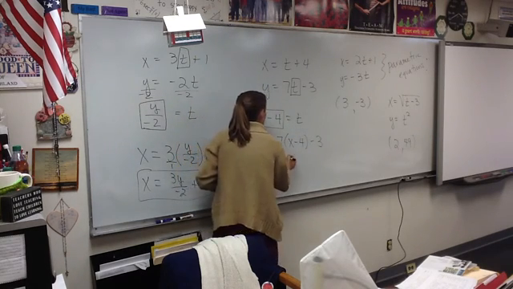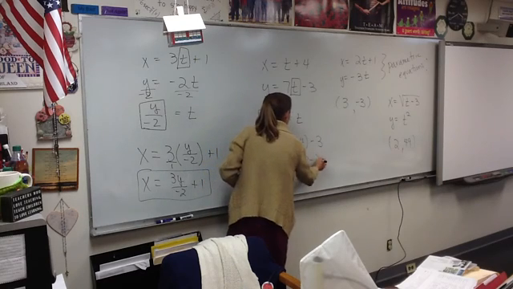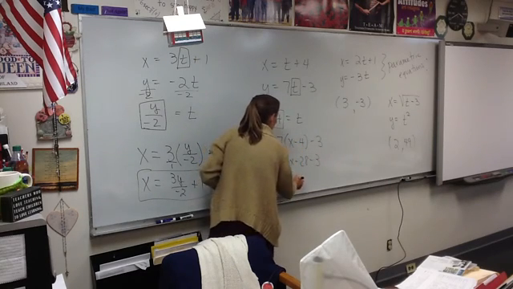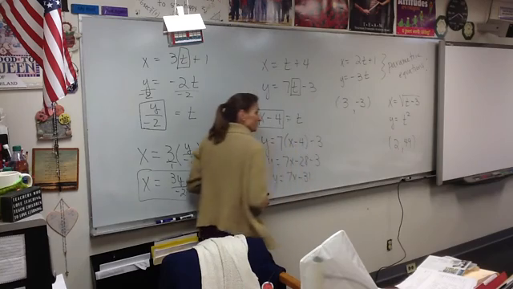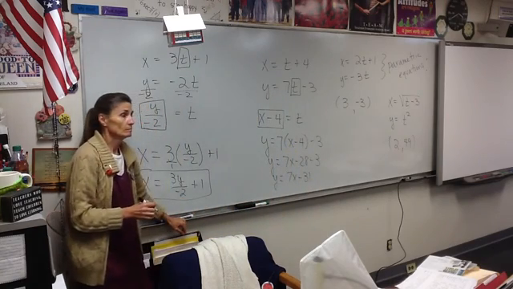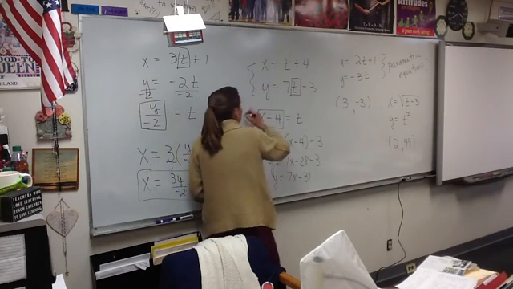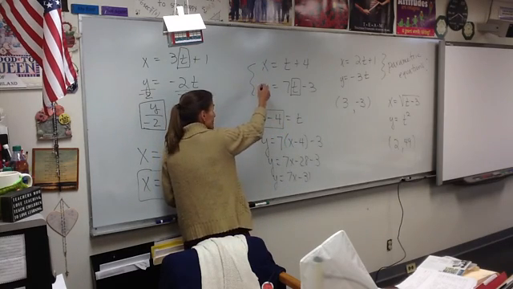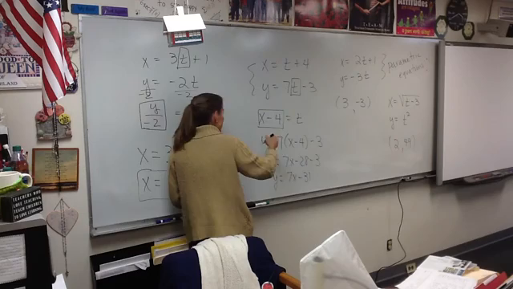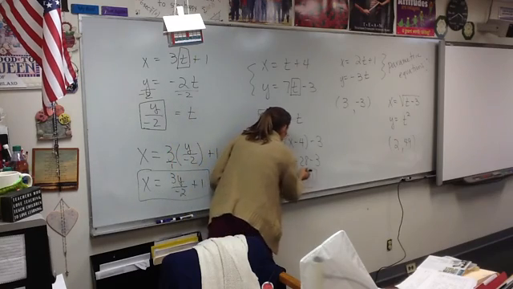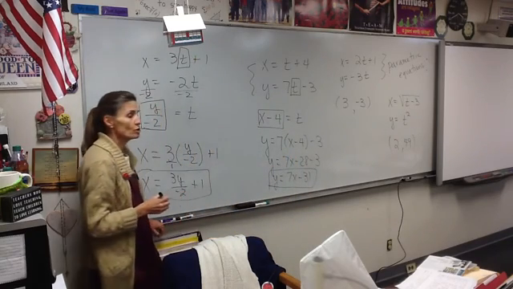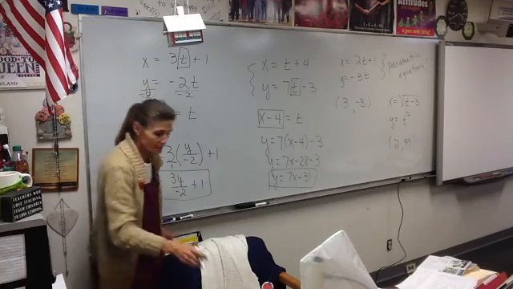So y equals 7x minus 28 minus 3, or 7x minus 31. And that, you're done. You took these 2 equations and you did some substitution and you ended up with one equation with no t's, just x's and y's.